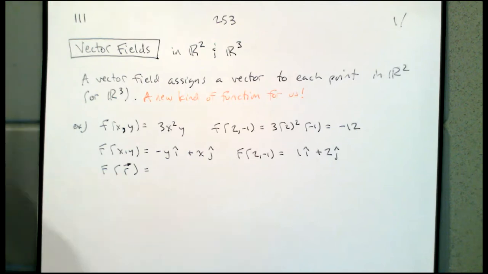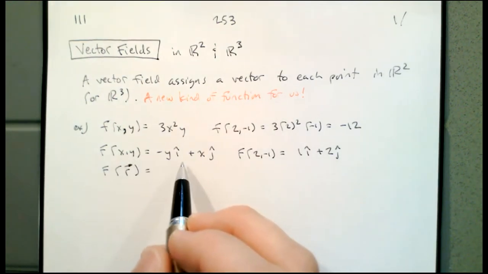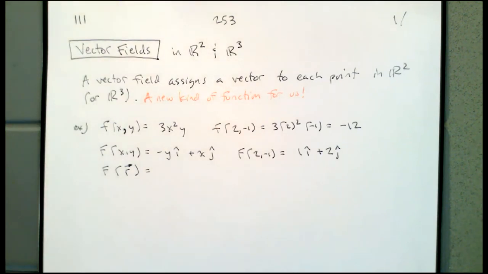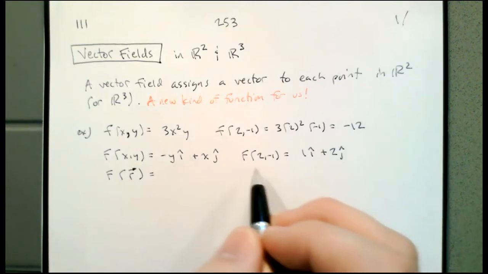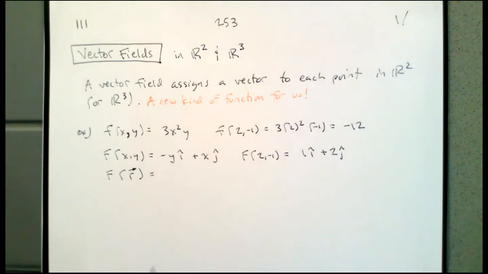All right. Taking a look at this example, F at xy is minus yi plus x times j. We can evaluate the vector field at a bunch of different points, x and y.